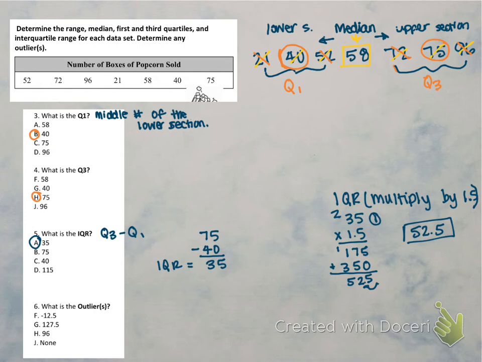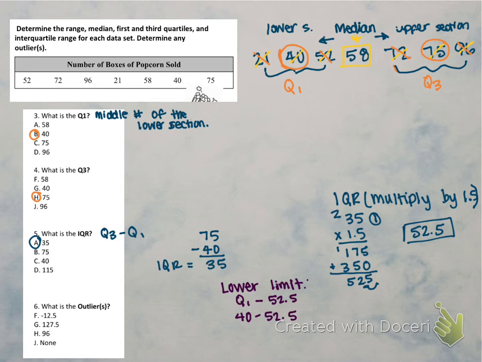So we're going to take that number and we're going to find what's called a lower limit. Lower limit is the bottom number that could exist in this set of data that is not an outlier. And so to find our lower limit, we're going to take Q1 and we're going to subtract 52.5. Okay, so our Q1 was 40. So 40 minus 52.5.